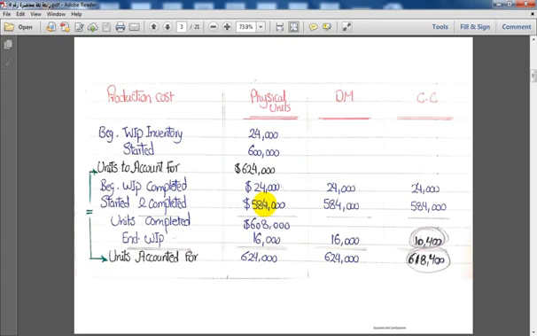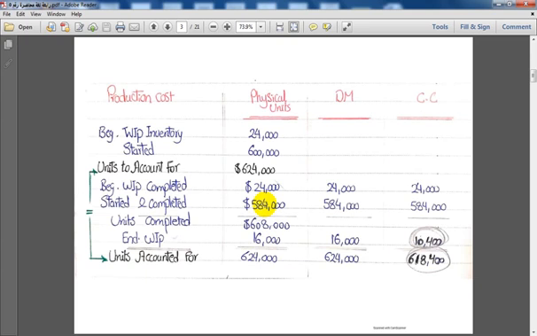Total units completed equal 1,200,000 minus units completed from beginning work in process 100,000 equal 1,100,000. So the units started and completed equal 1,100,000, treated as 100% completed at the end of the process, for direct material, direct labor, and overhead.